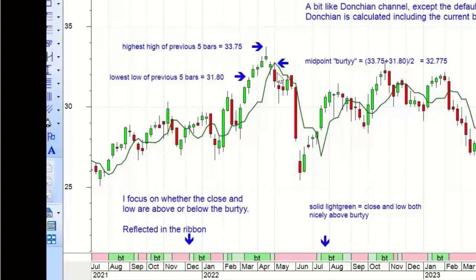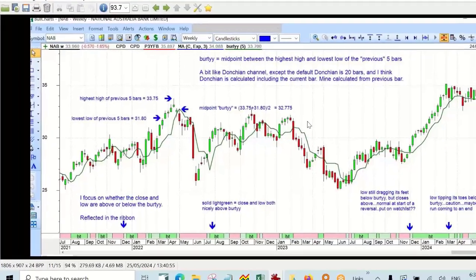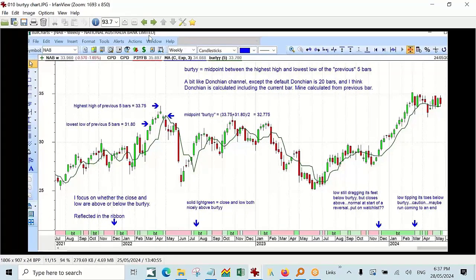That one's omitted, and these become the previous 5 bars. This green line here is always calculating the previous 5 bars. Leonie, great, thanks. No worries.